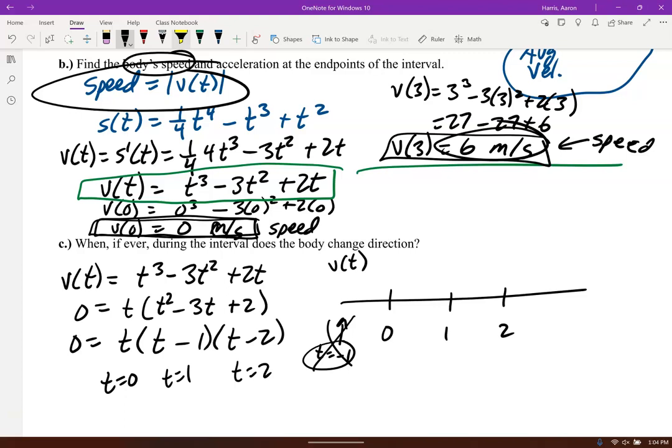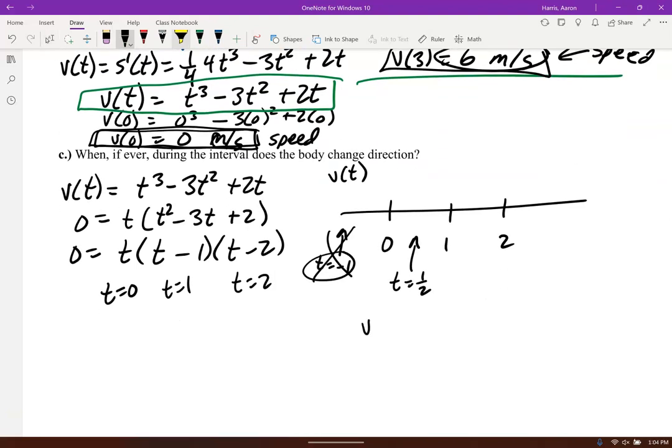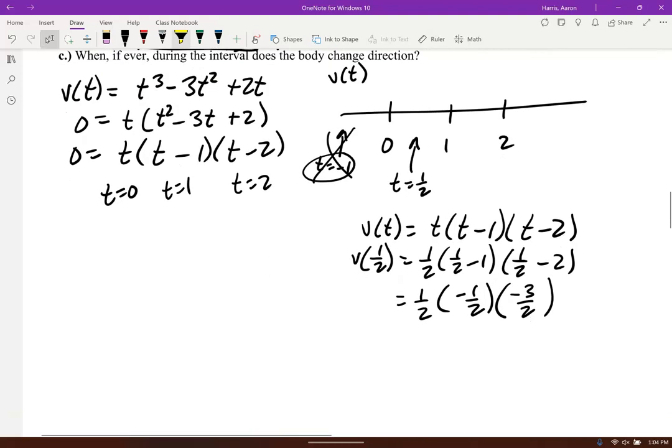So let's go ahead and plug in like t being a half, 0.5, and I would plug it in, right? So here's my v of t, t minus 1, t minus 2. I'm plugging in a half. So I have a half times negative a half times -3 halves. Well, that's a positive 3/8.